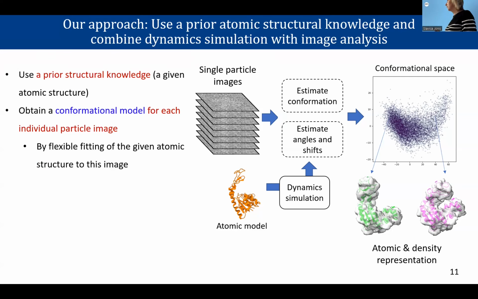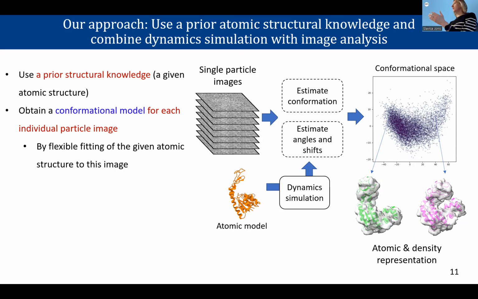In this case, we are using MD simulation. And as you will see, we move the atoms with this MD simulation. Then we project the model to the image plane given the view.